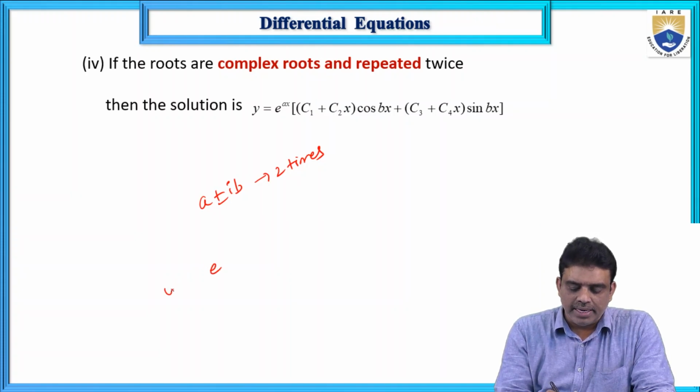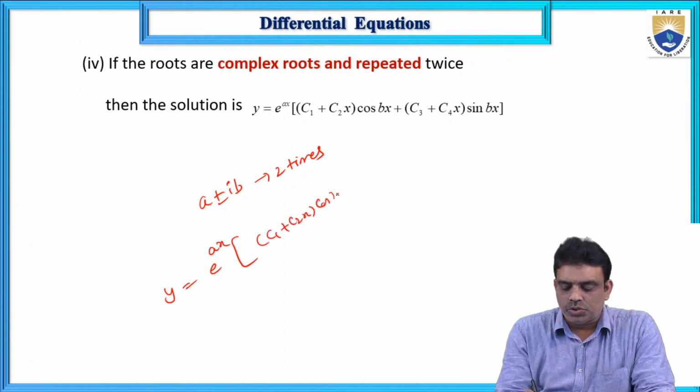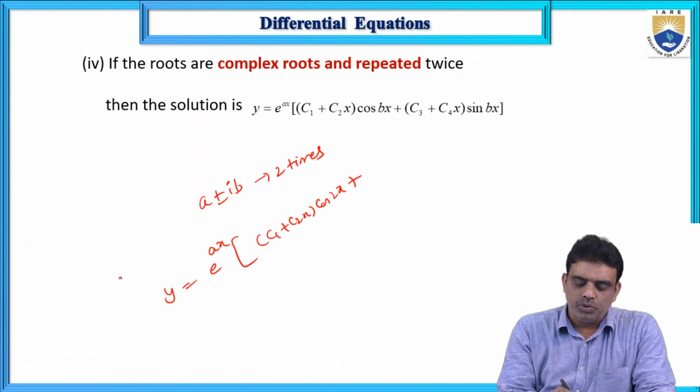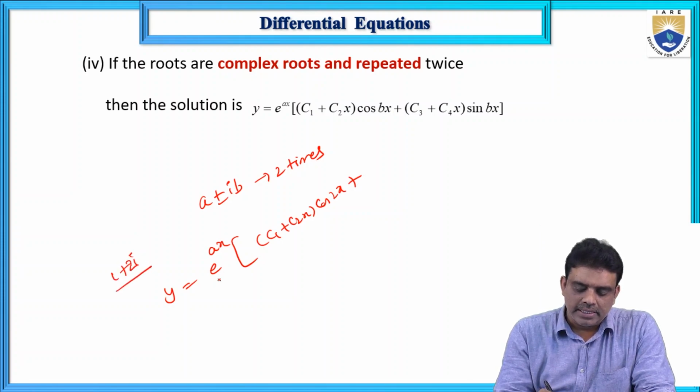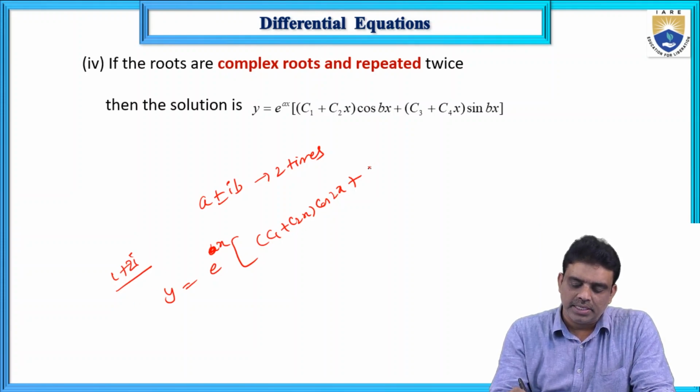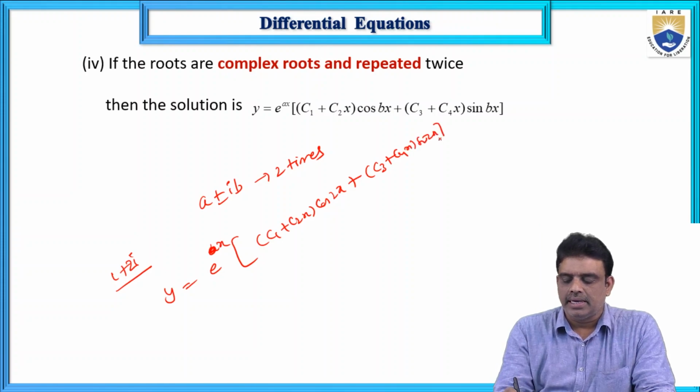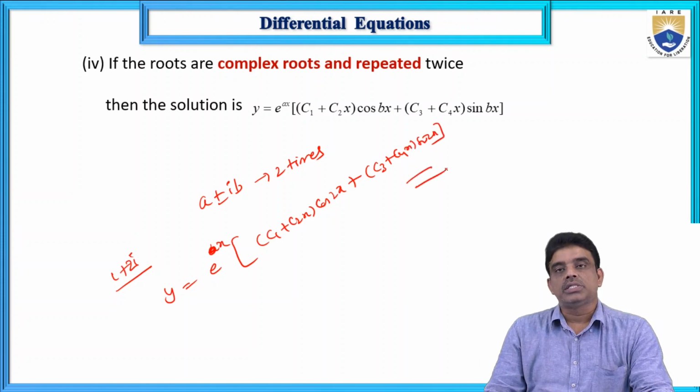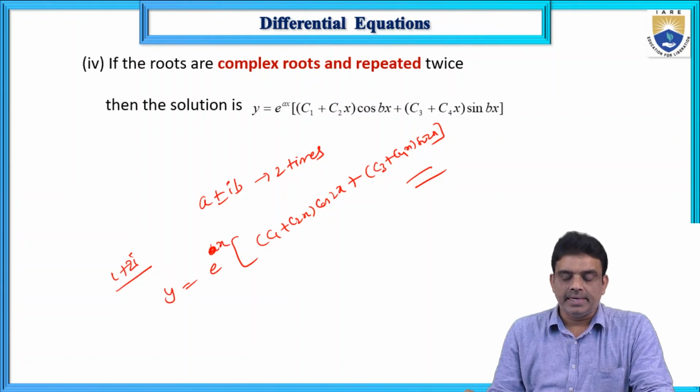For example, with roots 1 ± 2i repeated, the solution is e^x[(c1 + c2 x) cos 2x + (c3 + c4 x) sin 2x]. This is the general solution when the roots are complex and repeated.